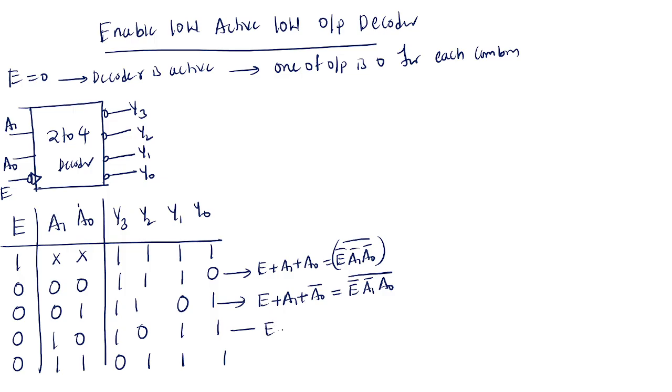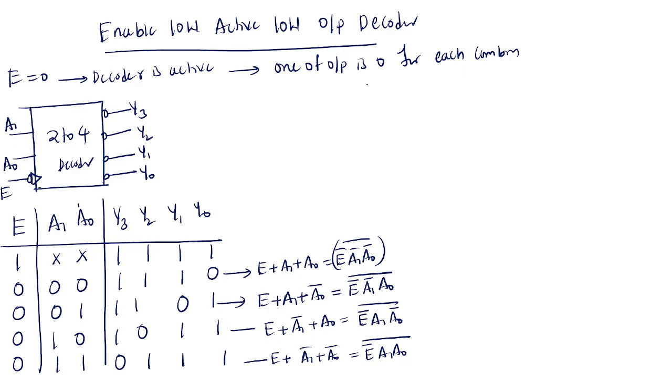And E plus A1 bar plus A naught is E bar A1 A naught bar whole bar. E plus A1 bar plus A naught bar is E bar A1 A naught whole bar.